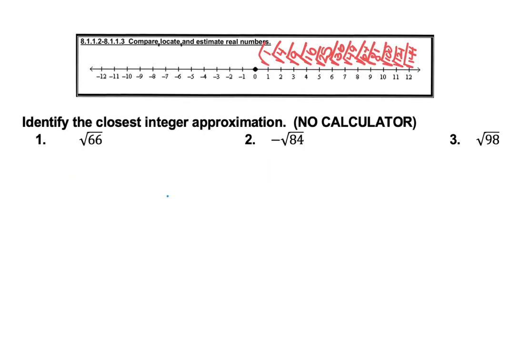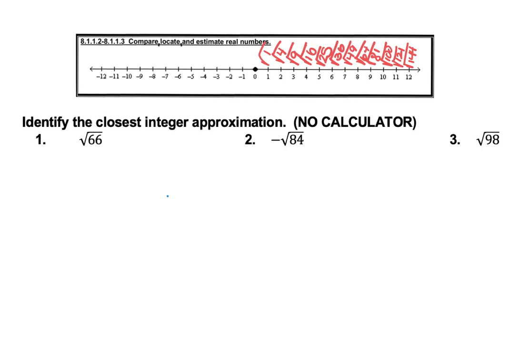So for our last example, we're going to identify the closest integer approximation. And again, this is a non-calculator problem, so you will want to create the number line to answer these questions. So we're just looking for the number, not in between, but the one that is closest.